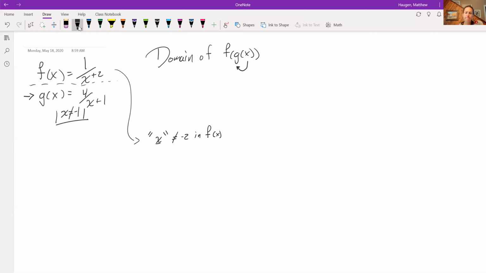But x's don't go into f in the composition. What goes into f in the composition? g. So g of x is what's going into f, so g of x is what can't be negative 2. Does that seem reasonable? Mm-hmm. So we just find out when g of x is negative 2.